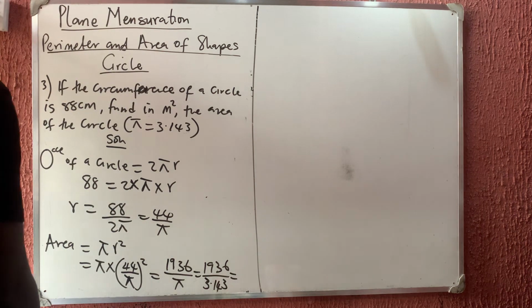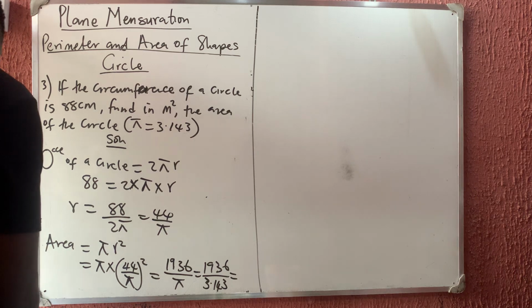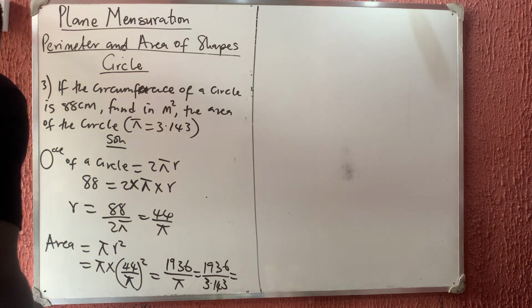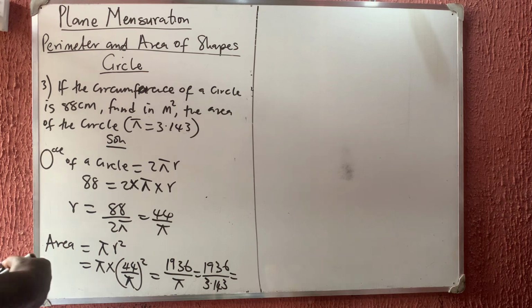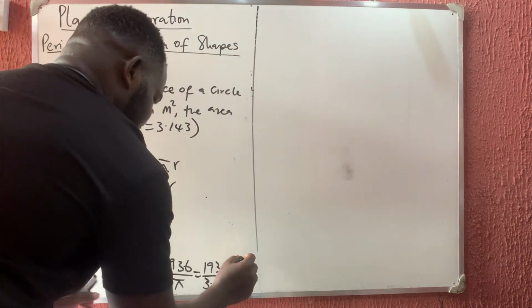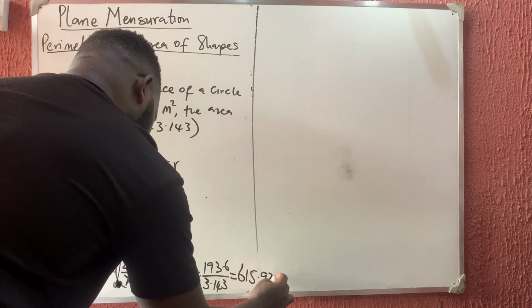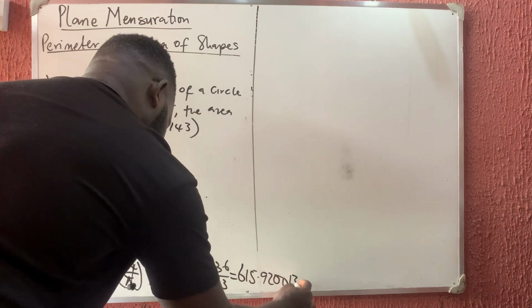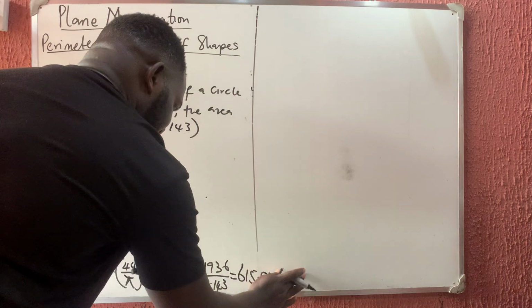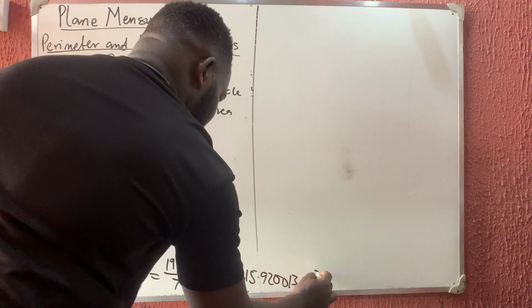So let us divide by 3.143. So I'm having 615.920013 in cm square. This is cm square, right?